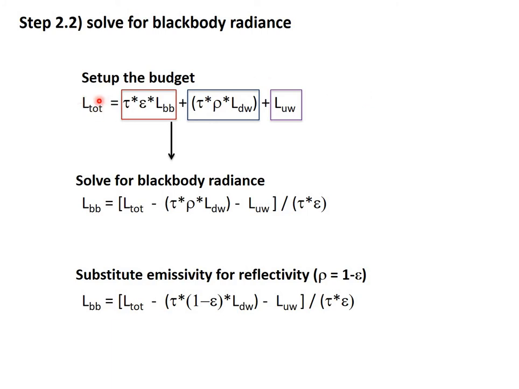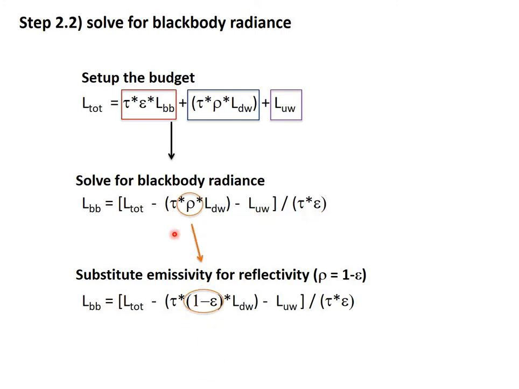So we've set up our budget. Keep in mind, this is what we just set up on the previous slide. L tot is what we measured, and L black body is what we're trying to get. That's what we're solving for. So we're going to do a little algebra and solve it for black body radiance. But now we've got all these terms, and we need to get rid of some of them.